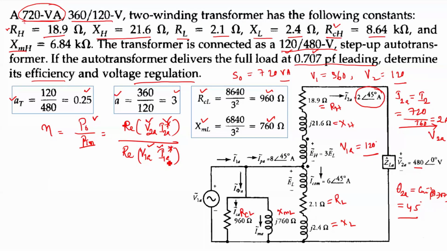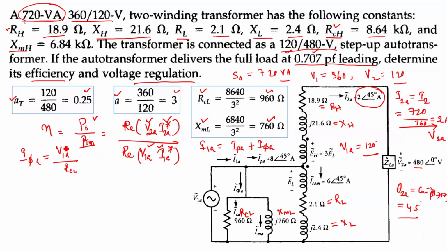Now I need to find I1A. I1A will be equal to IPA plus I phi A, right? So how to find I phi A? I phi A will be V1A by RCL.